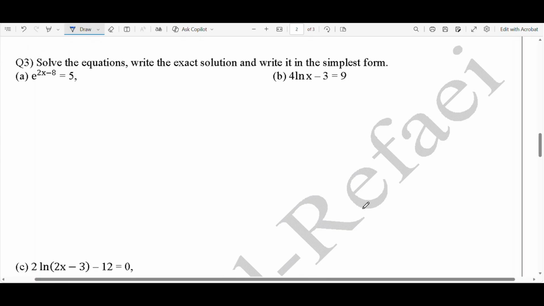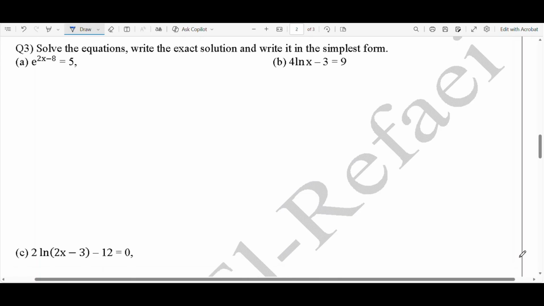Question number 3. Solve the equations, write the exact solution and write it in the simplest form. Okay, part A. e to the power 2x minus 8 equals 5.